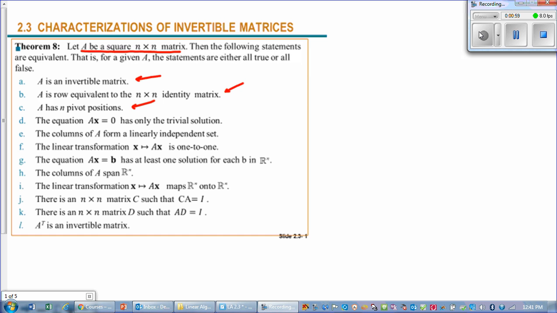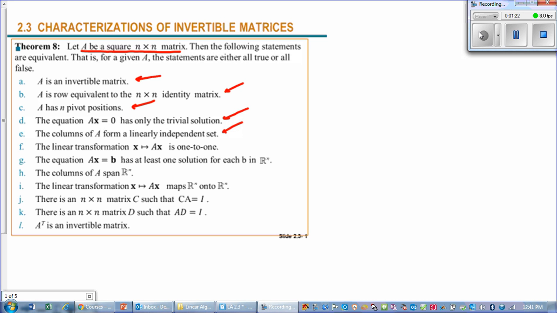That was equivalent to the equation Ax equals 0 having only the trivial solution, or the columns of A forming a linearly independent set. So we've tied these together in different ways. The fact that it's row equivalent to the identity matrix makes it have the n pivot positions as well.